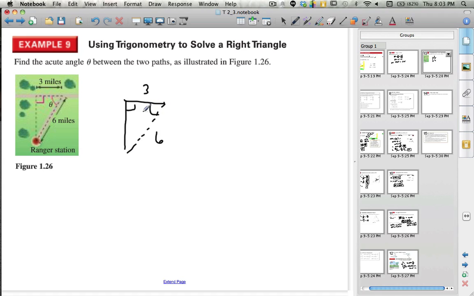And in this case, we want to find the angle. Ooh, okay. So I know that I have side adjacent and 6 is the hypotenuse. So adjacent over hypotenuse, that's cosine. So I know that the cosine of theta is equal to the adjacent over the hypotenuse, which would be 1/2.